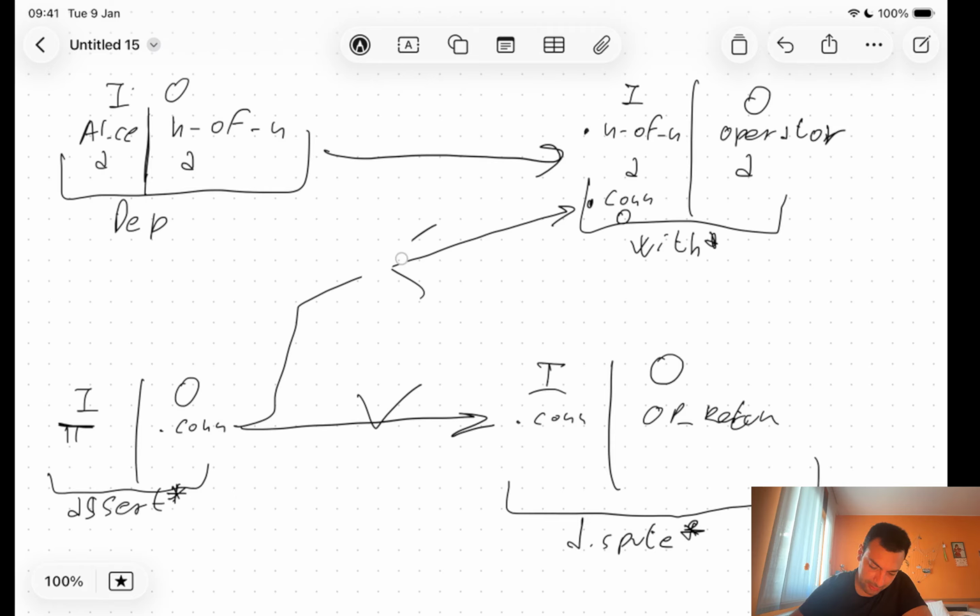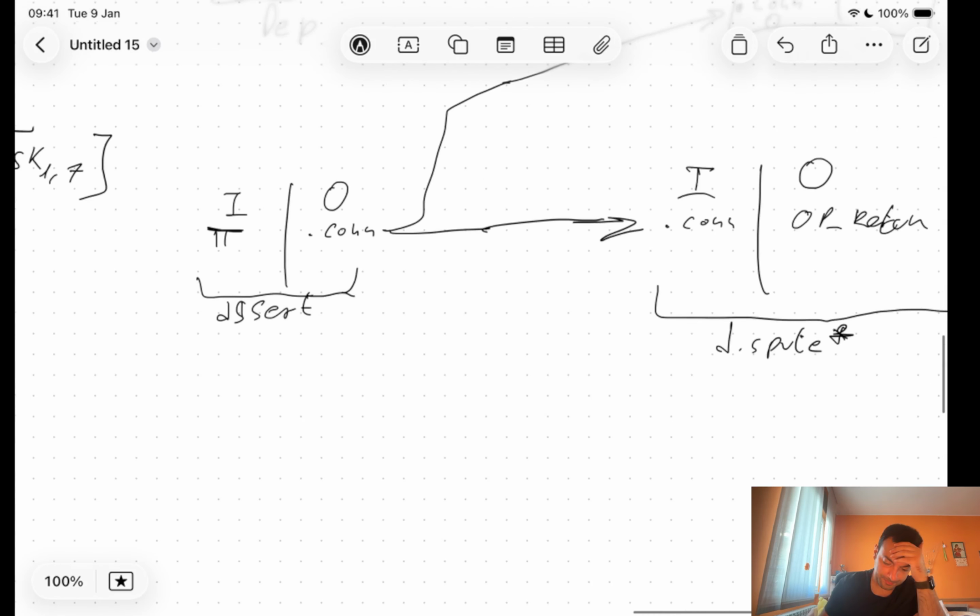In practice, the question is, can the verifier do a denial of service here? When the assert transaction is posted, and therefore there is no asterisk here, the verifier can run what we'll call the denial of service protocol.